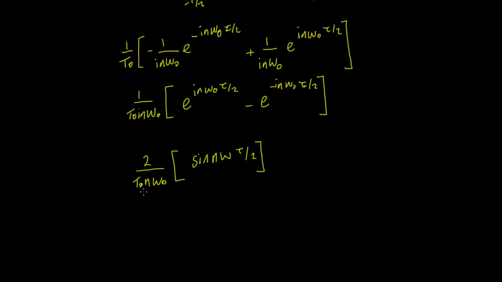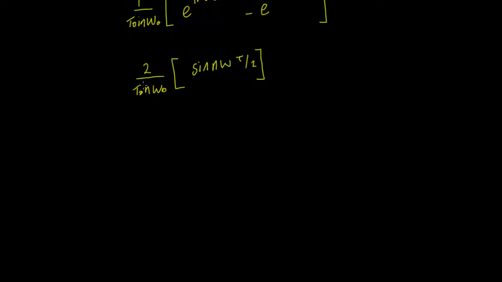Now another little thing that they do in order to get it in the right format is we multiply the top line by tau upon 2 and the bottom line by tau upon 2.